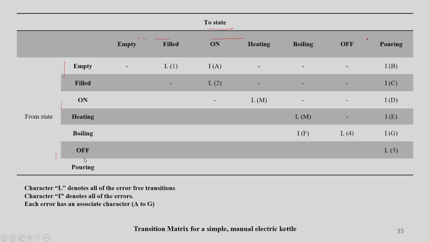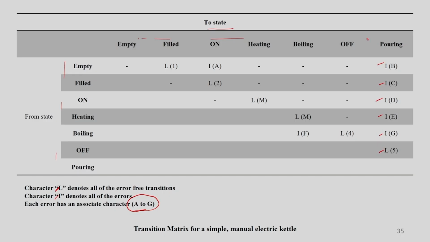So, we just created this matrix, and here I mentioned L means legal possibilities, I means possible, however it is illegal, and each type of error we marked as A, B, C, D, E, F, G, like this, okay, like A, B, C, D, E, F, G, and then L5, this is I, these are all I, okay, not legal.